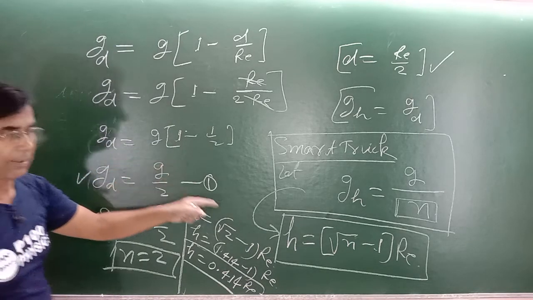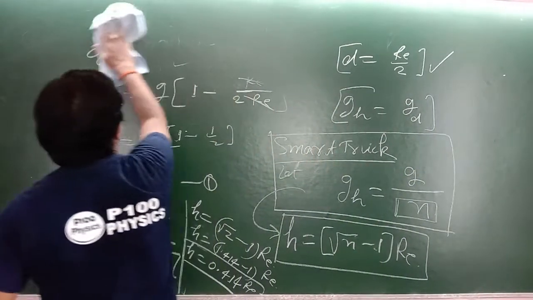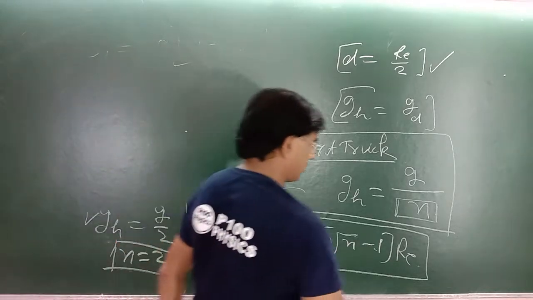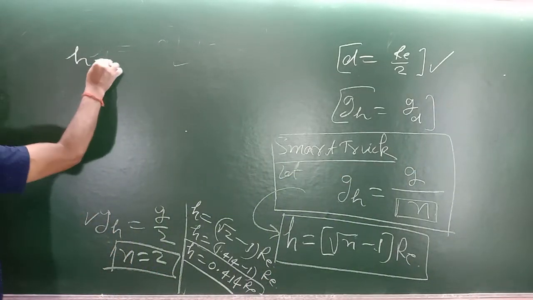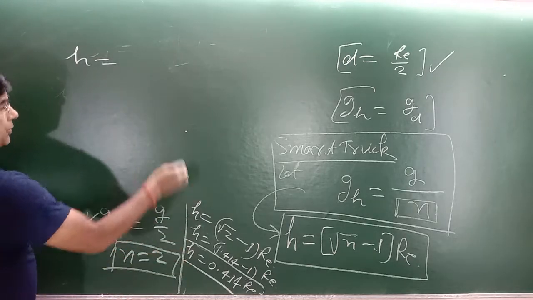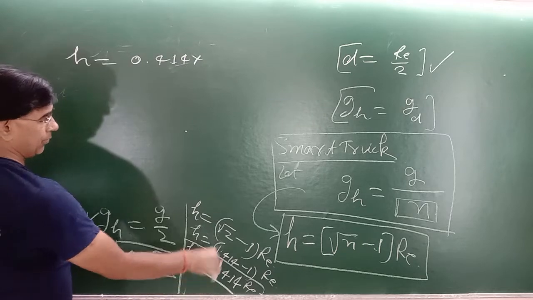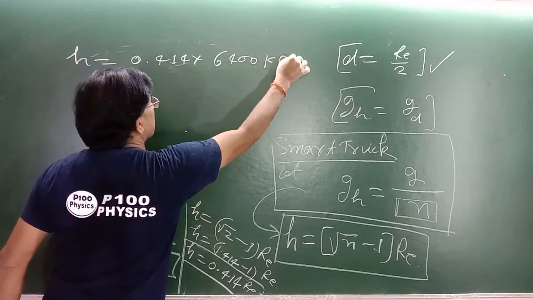Therefore, the answer of this question becomes h equal to 0.414 into Re, and Re means 6400 kilometer.